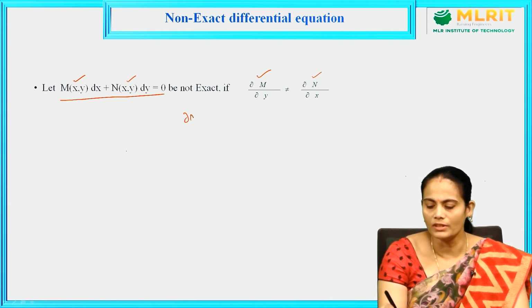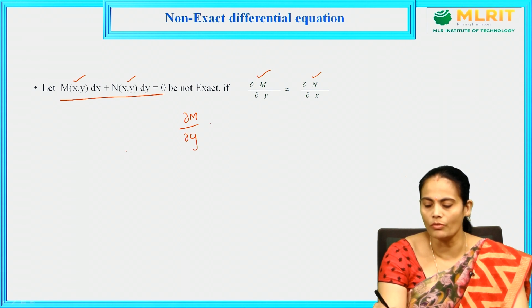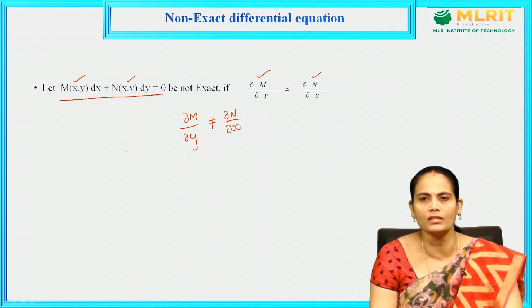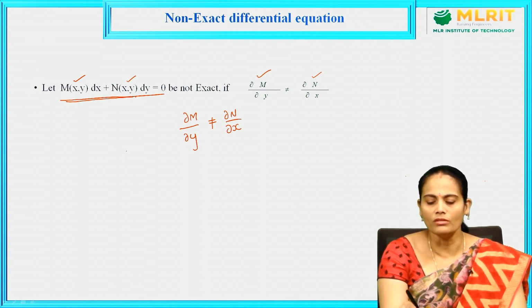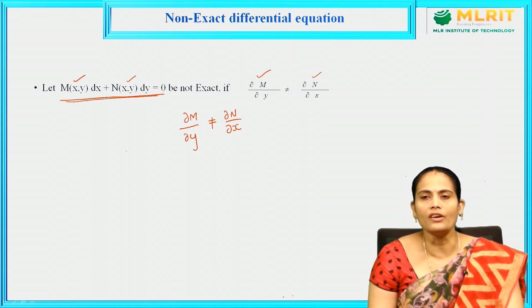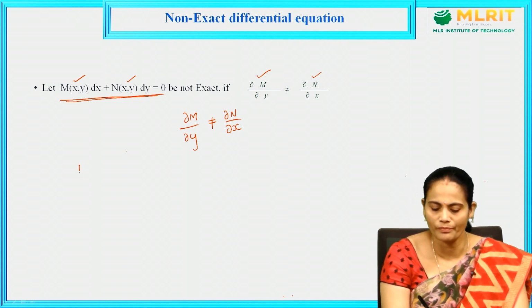So if the condition dou M by dou y not equal to dou N by dou x exists, then we can say the given equation M dx plus N dy is equal to 0 is a non-exact differential equation. So now let us see one example for non-exact differential equation.